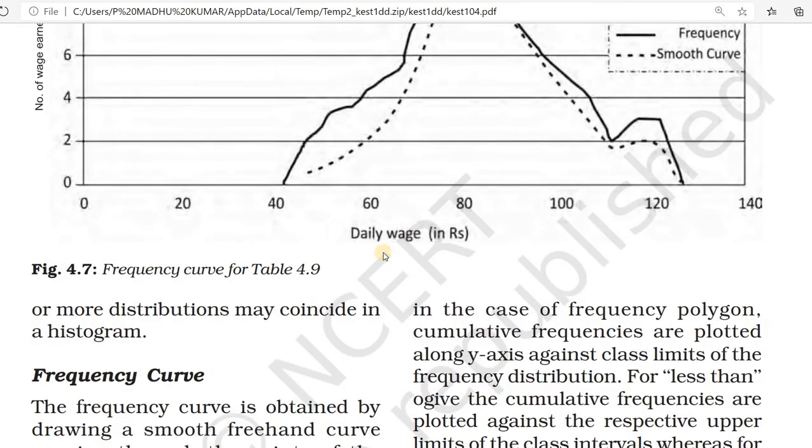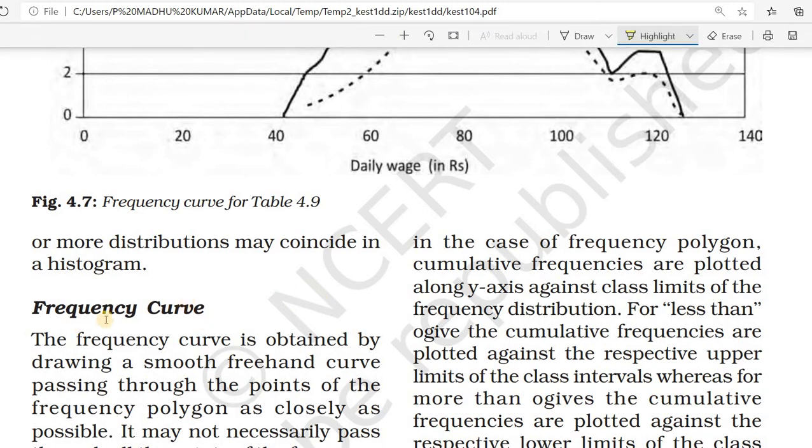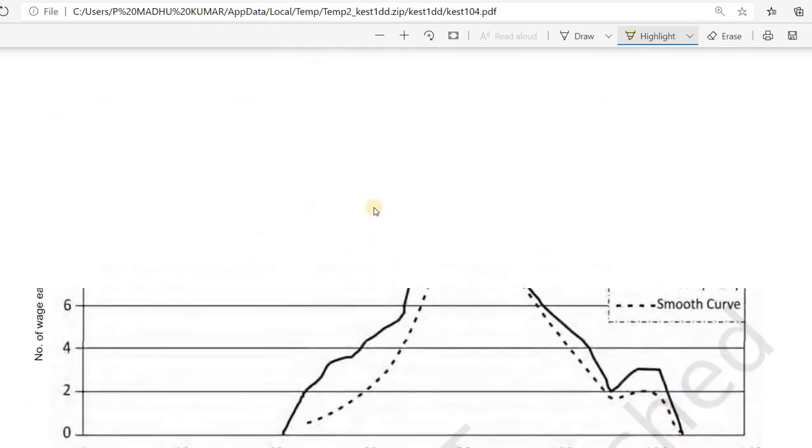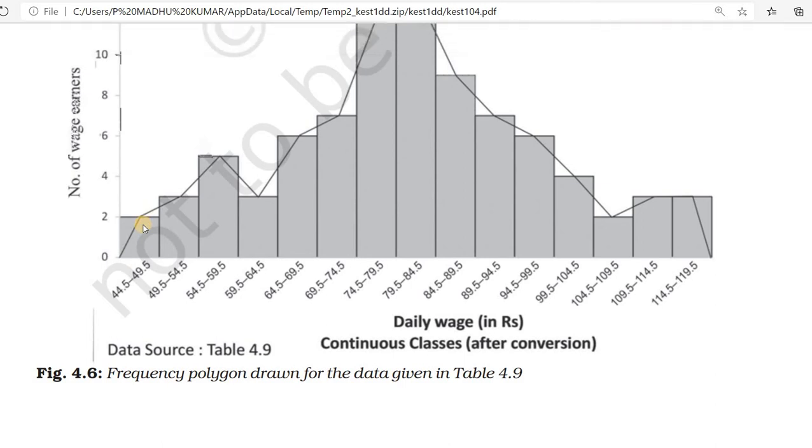Okay, then the next one is the frequency curve. What is a frequency curve? The frequency curve is obtained by drawing a smooth freehand curve passing through the points as closely as possible. For the frequency polygon, with a scale we need to join very carefully.